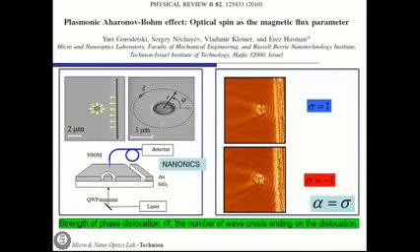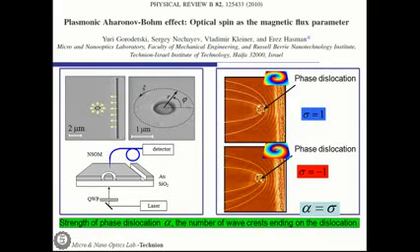We measure the interference pattern using near-field optical microscopy, and as you can see, we obtain a phase dislocation, but with opposite sign between spin up and spin down. We can define here a strength of phase dislocation alpha, which is the number of wave crests ending on the dislocation, where alpha is equal to sigma, the orbital angular momentum per photon. So the scattering results in a spin-dependent plasmonic vortex.